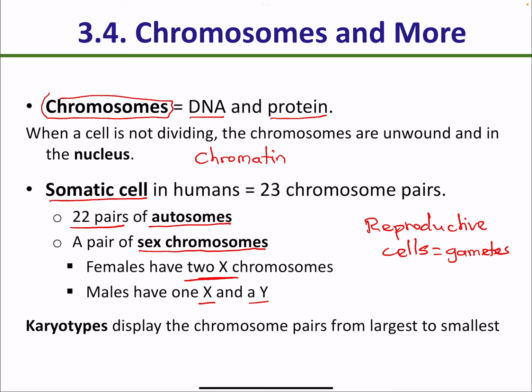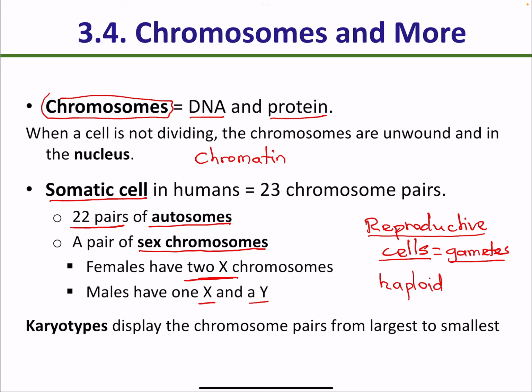Now, when we take a somatic cell, we can isolate the chromosomes and look at them. But before we dive into that, I want to say that the reproductive cells, or gametes, contain only half the number of chromosomes you will find in somatic cells. These reproductive cells are said to be haploid.